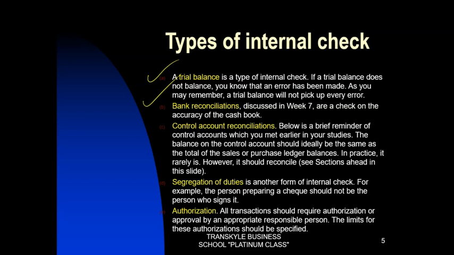If they don't agree, then there could be some error somewhere. So it tells us if the information in our general ledger is correct in terms of the double entry bookkeeping system.